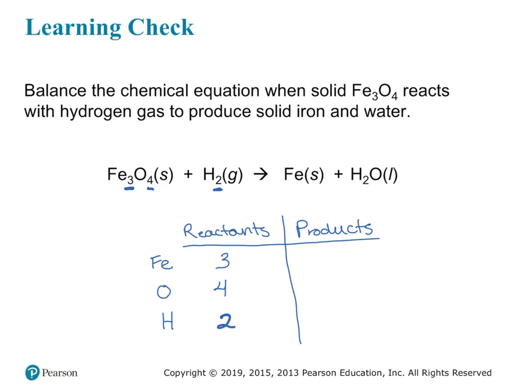And then on the product side, I only have 1 iron atom. I only have 1 oxygen, and I have 2 hydrogens. Okay. So it looks like so far only hydrogen is balanced, and iron and oxygen are not balanced. So let's start by balancing iron.